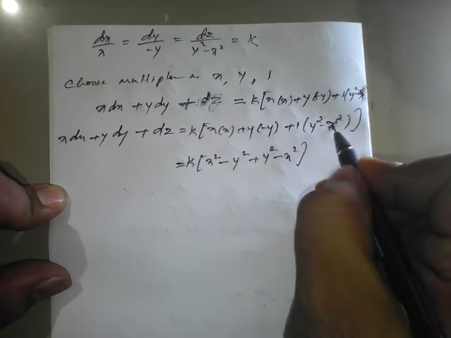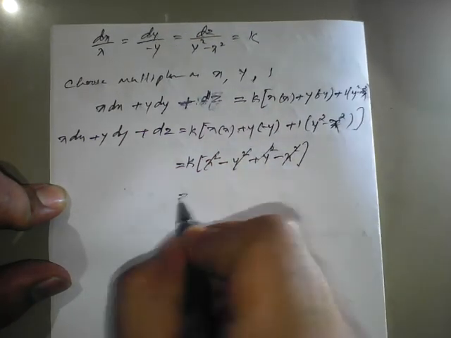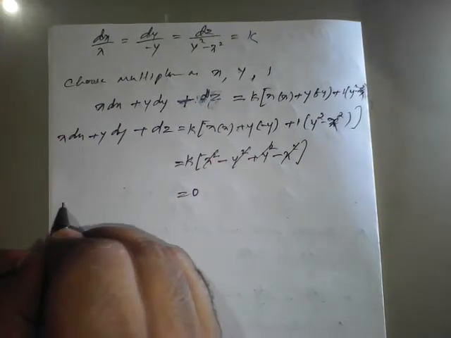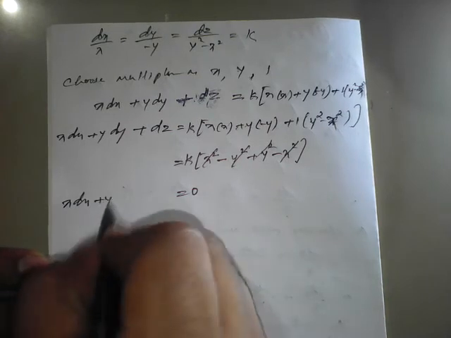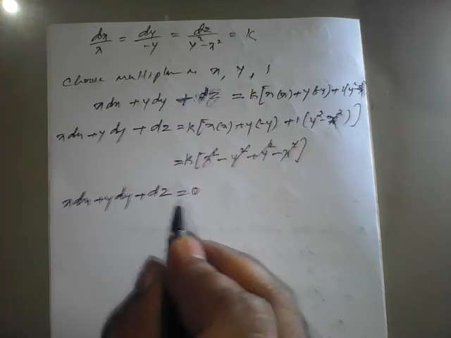So this cancels and we get 0, which means the multipliers we have chosen are correct. What is left on the left hand side is x dx plus y dy plus dz. So this is now ready to integrate.